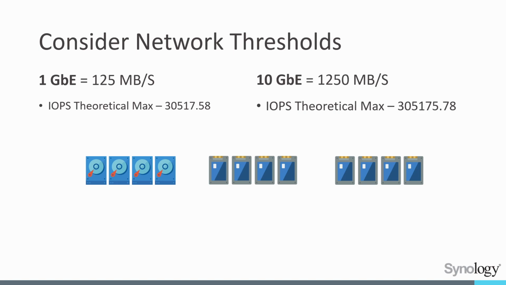So, some things to consider about your network. Theoretically, a 1 gigabit connection can have around 125 megabytes per second throughput and around 30K IOPS at the theoretical max. And obviously, a 10 gig connection is going to have 10 times that ability. So if we take a look at 4 hard drives in RAID 5, you don't get a very good IOPS reading in this case.